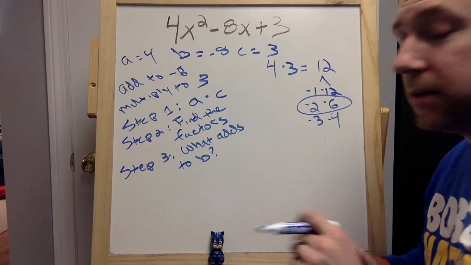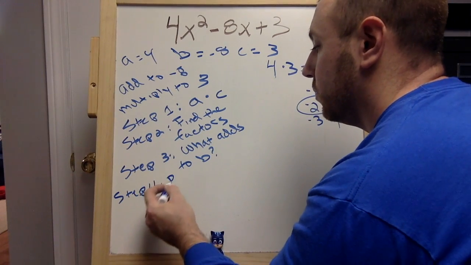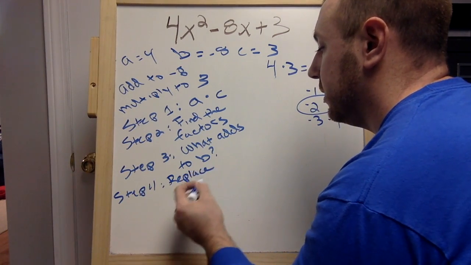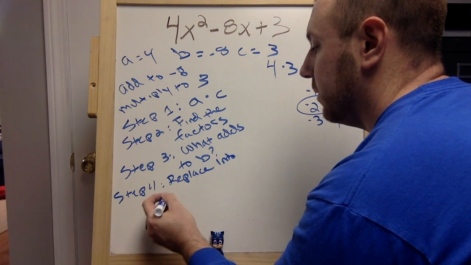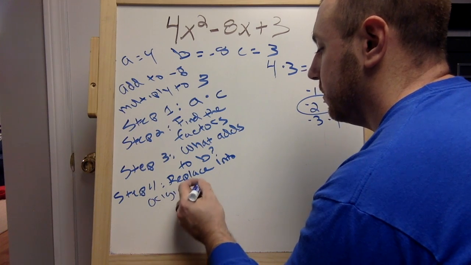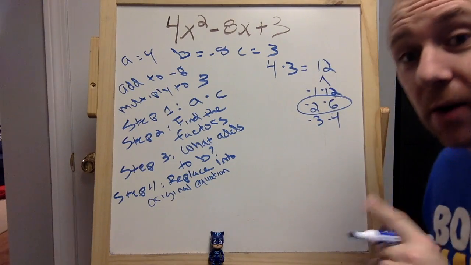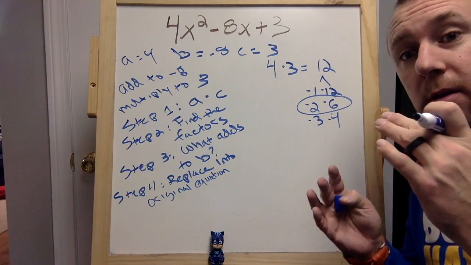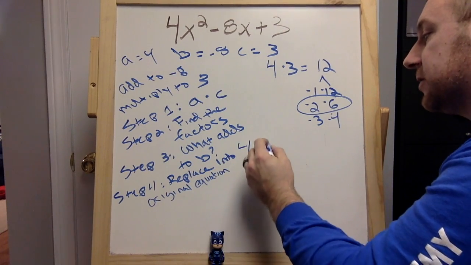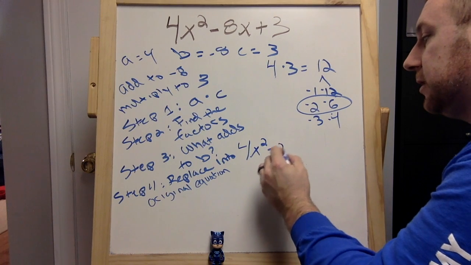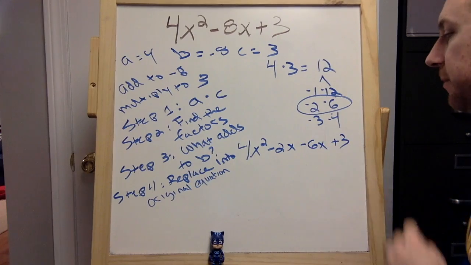So now, step 4, replace into the original equation. So what that means is now I have a 4-term quadratic. So I have my 4x squared minus 2x minus 6x plus 3.